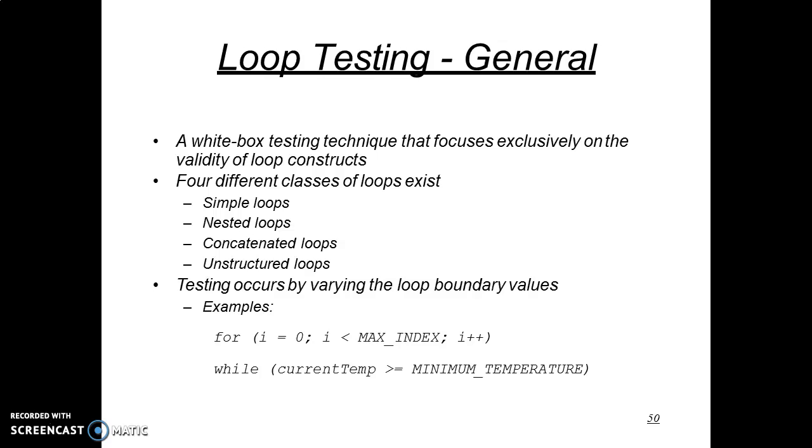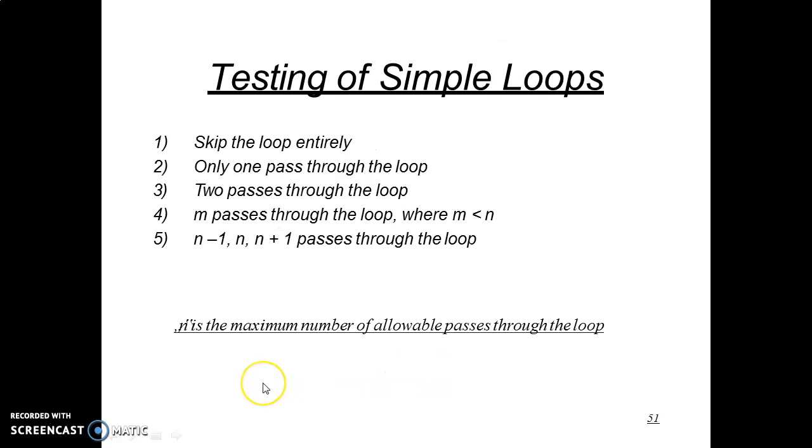So 4 different classes of loops exist: simple loop, nested loop, concatenated loop and unstructured loop. So testing occurs by varying the loop boundary values. For example, here I is initialized to 0. The condition is I is less than maximum index and I plus plus. So while current temp is greater than or equal to minimum temperature.